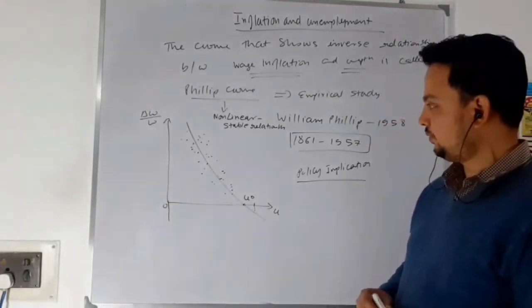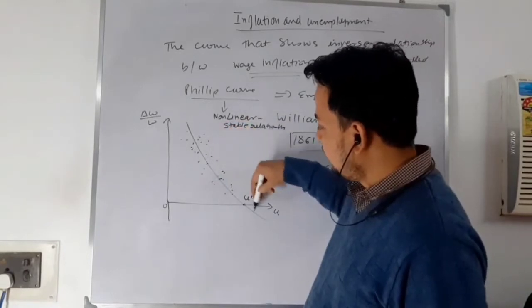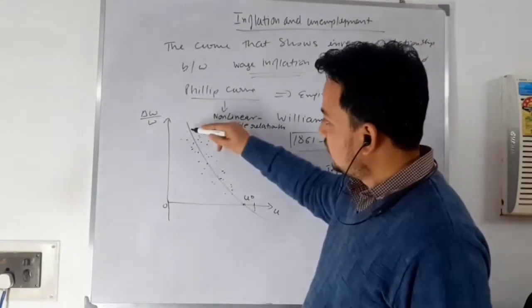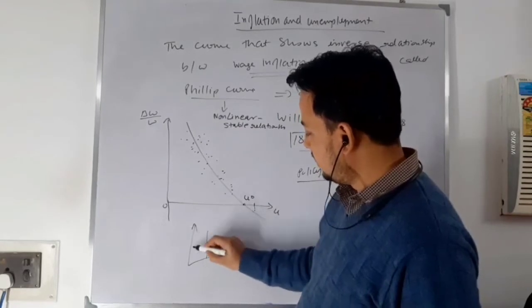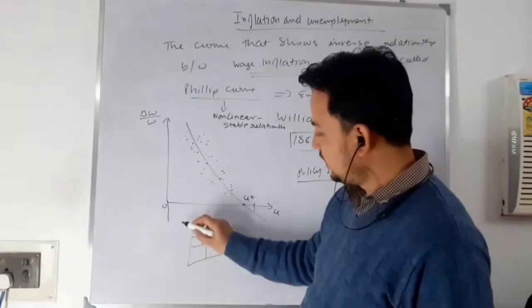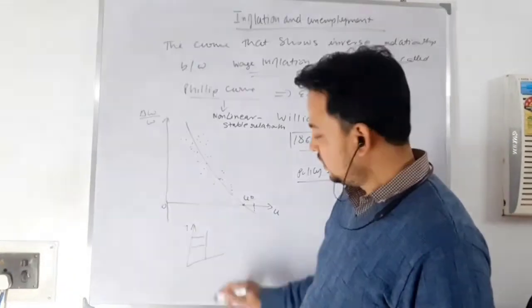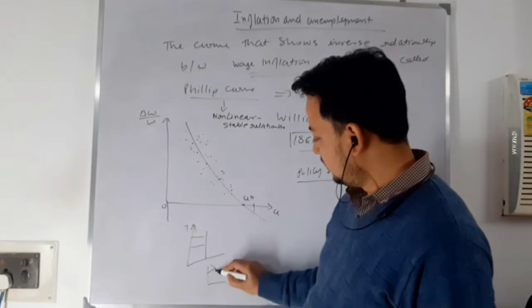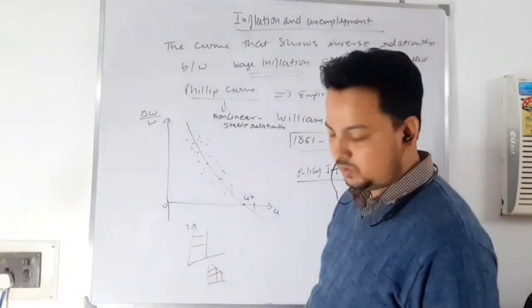Now look at here. Here the curve is steeper, then it is getting flatter. If you remember, when it is steeper, there is no trade-off. If you are changing the y-axis, the x-axis cannot be changed. When it is flatter, when you change the y-axis, the x-axis will change.